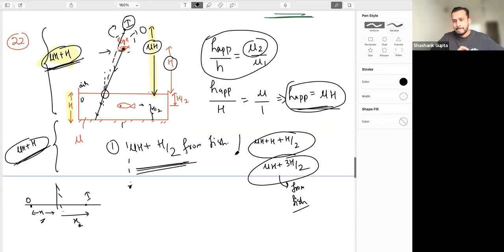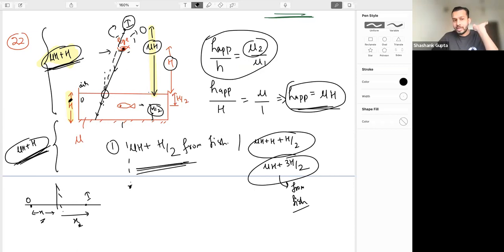Does the refraction of the object depend upon the depth of the container in real conditions? No. Refraction, no. But from where you are seeing, where the fish is, the distance will depend upon that. Someone asked a very nice question: does the refraction of the object depend upon the depth of the container?